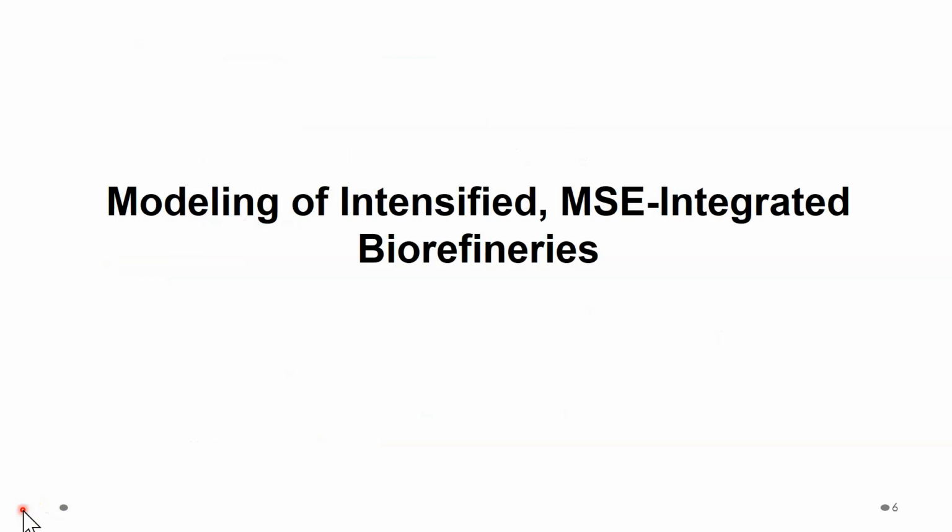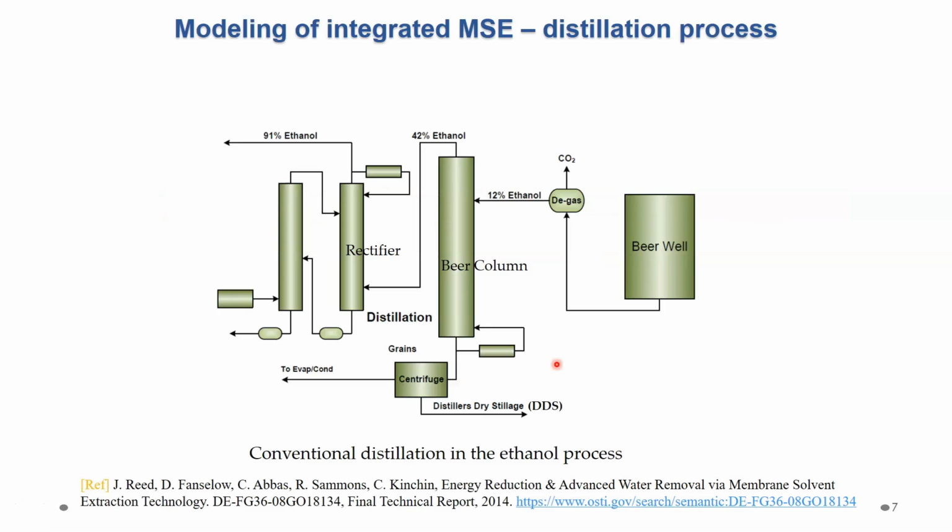Now let's focus on modeling of intensified membrane solvent extraction integrated ethanol biorefineries. Here is the diagram of conventional distillation in the ethanol process. The broth from beer well, after removal of carbon dioxide, enters the beer column.